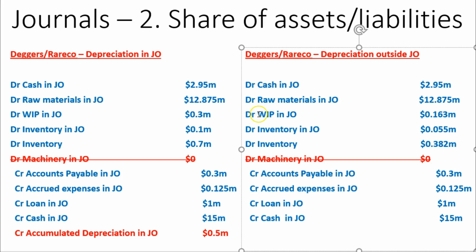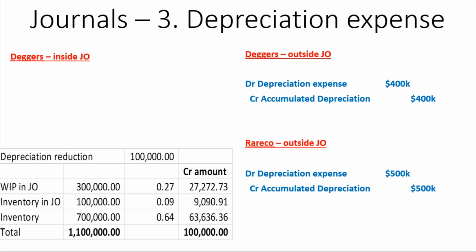Okay, so the numbers that I have reduced are all inventory related accounts, and we will see later in an example why I chose those accounts to reduce. So we're up to step 3 now. We're going to look at recording our depreciation expense, or our actual adjustment for our depreciation expense. So we'll start with if the depreciation expense is recorded outside of the joint operation by the individual entities themselves.